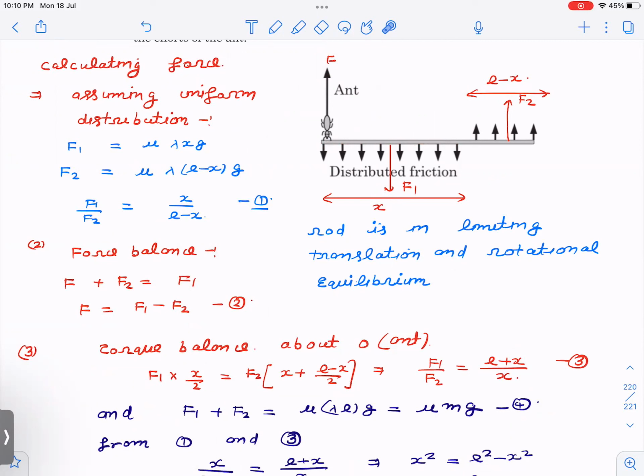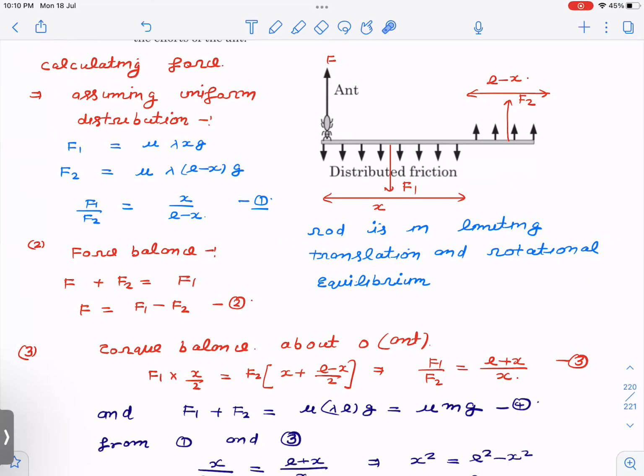The most important thing is that right now it is still in equilibrium. It has not yet started to rotate or translate, but it is just about to. So it is in limiting equilibrium, translational as well as rotational. This force is just sufficient to make the straw translate and rotate.